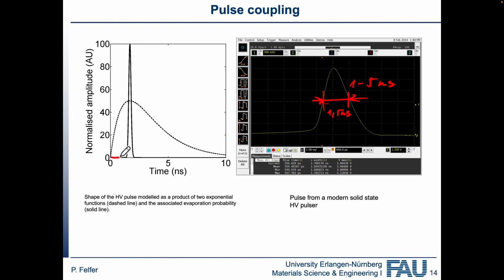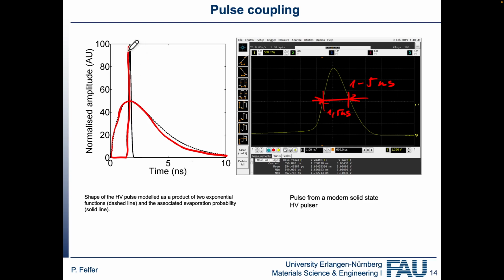If this is the pulse that we have over time, the white thing is the pulse, then of course the field evaporation probability is exponentially dependent on the ratio of the field at the current time to the evaporation field.